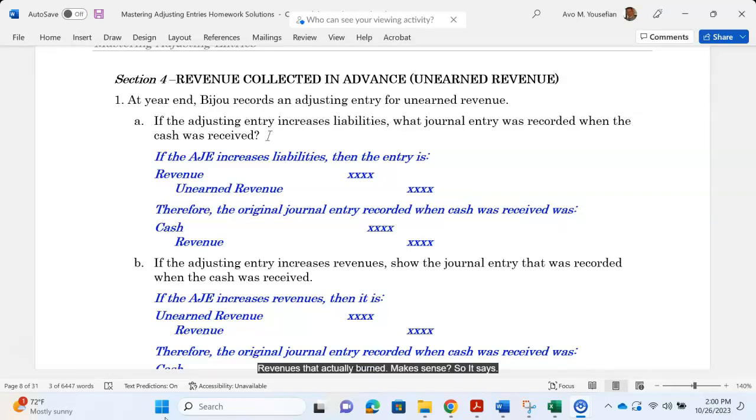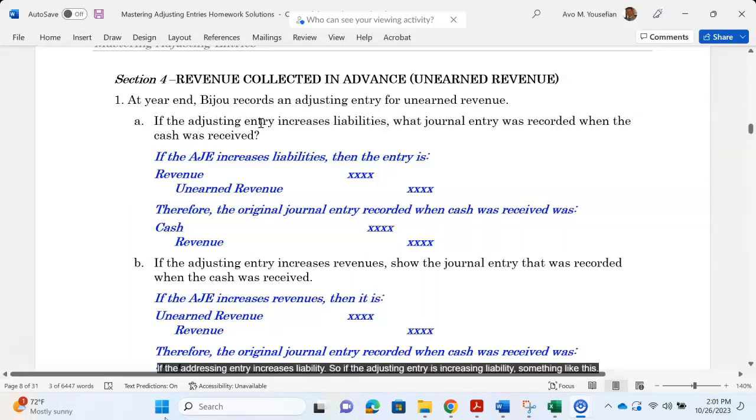Make sense? So it says, if the adjusting entry increases liability, something like this, that means decreasing revenue and increasing liability. That means on the first day, you are one of those bookkeepers who did this type of journal entry.